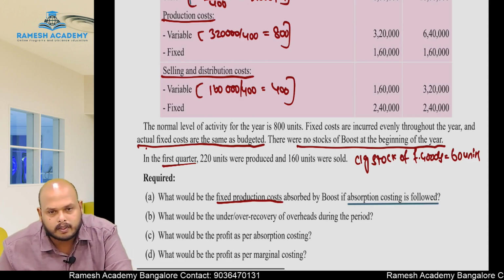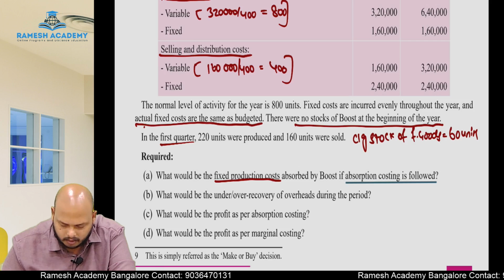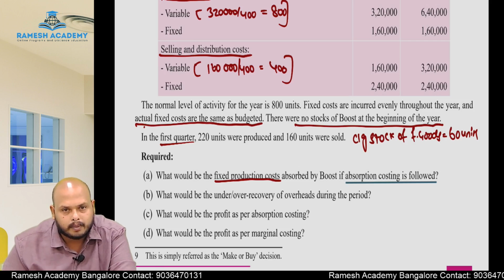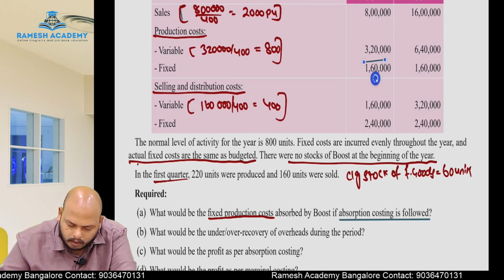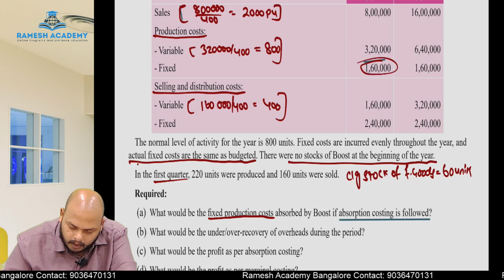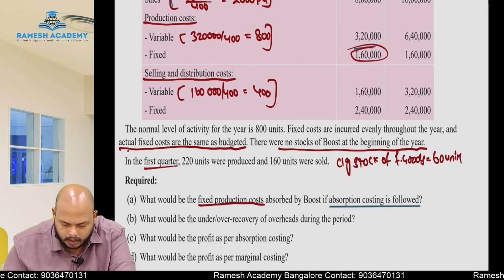Very simple. What is the fixed production cost they gave here? They gave 1,60,000.